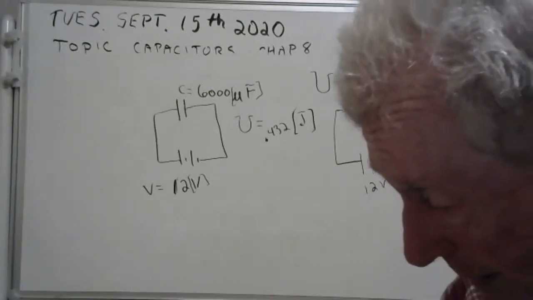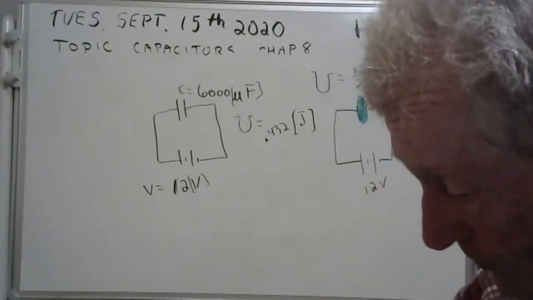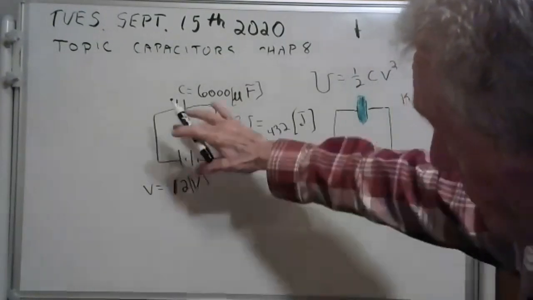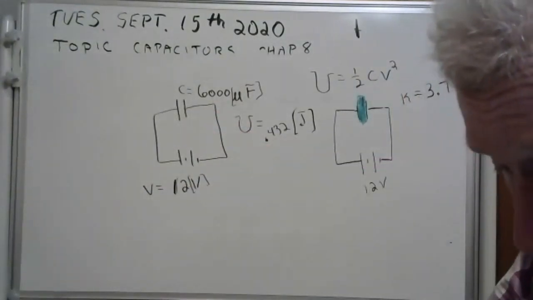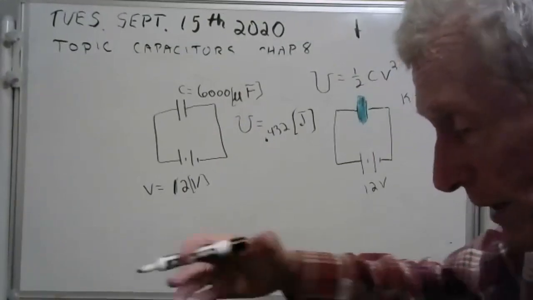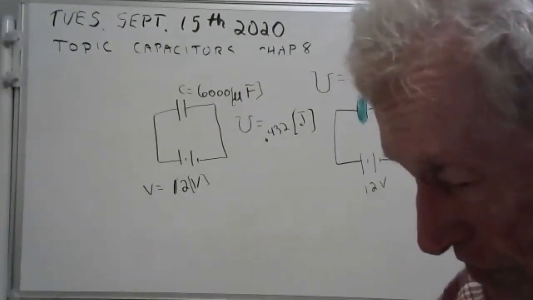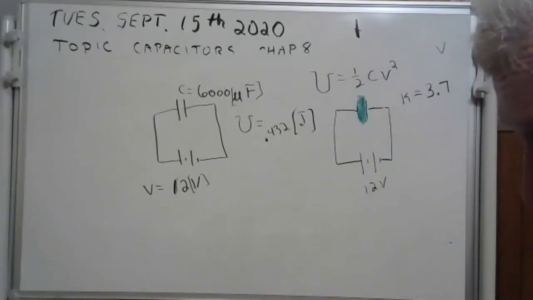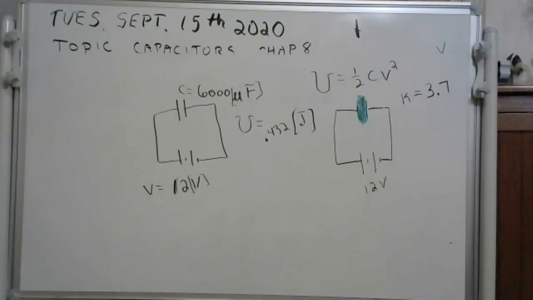So when you put that in there, the capacitance goes up. I explained that. Remember, you might have slept through it, but I explained about the electric fields and the voltage getting smaller and denominators getting smaller. And the capacitance goes up. So now the capacitance is 6,000 times 3.7.